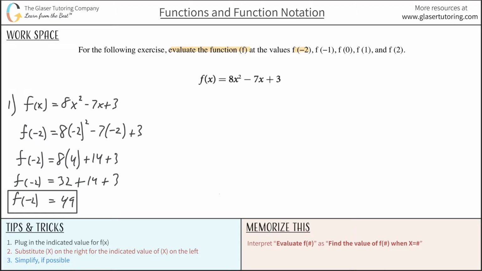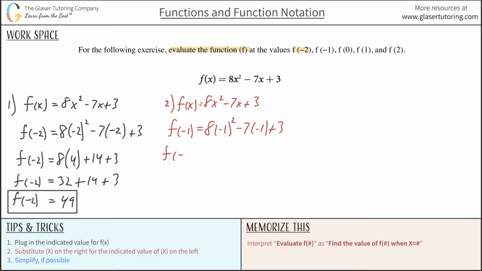So let's now take a look at the next one. Number 2. Again, I'm just going to rewrite my equation: 8x squared minus 7x plus 3. The next one is f of -1. Simply plug in -1 everywhere you see x. So this becomes 8 times -1 inside the parentheses squared, minus 7 times -1, plus 3.